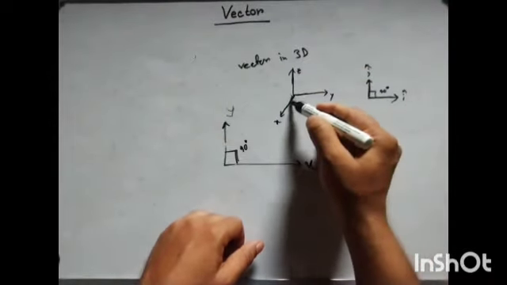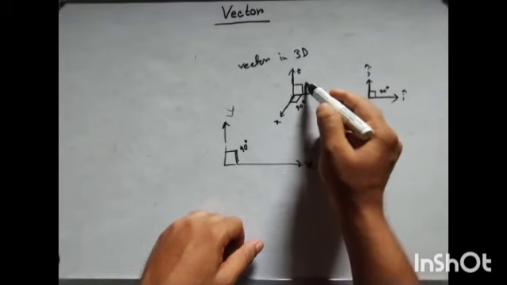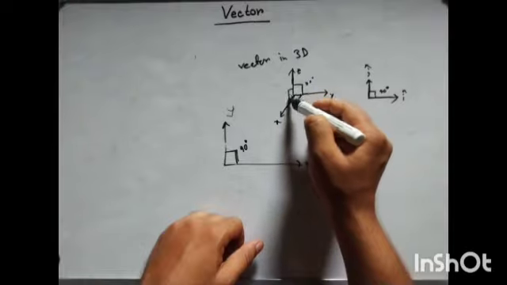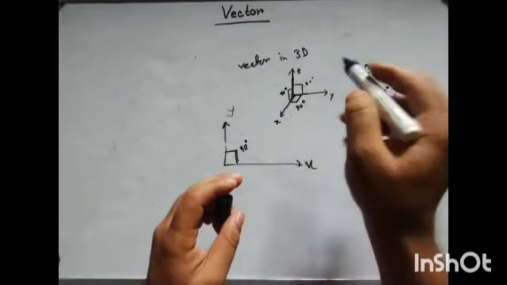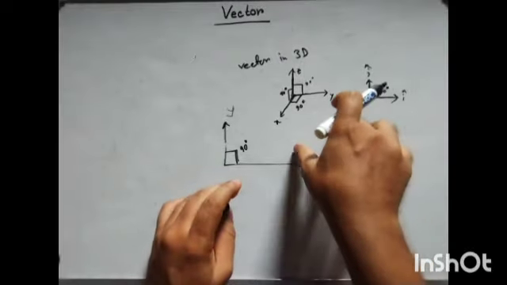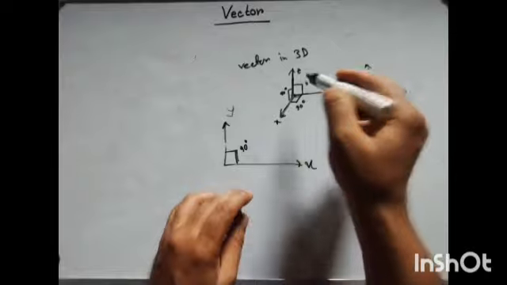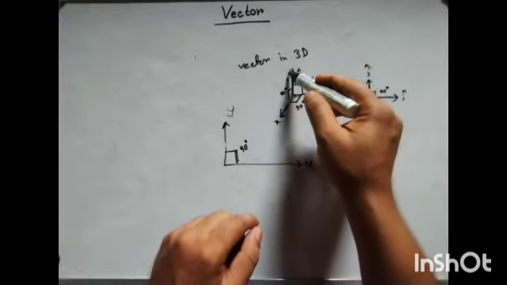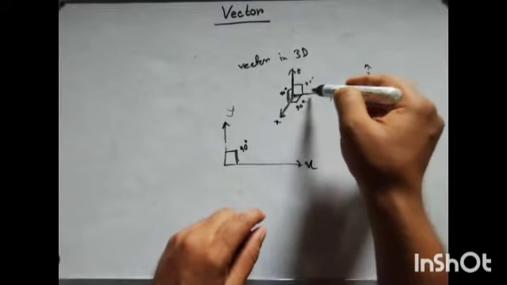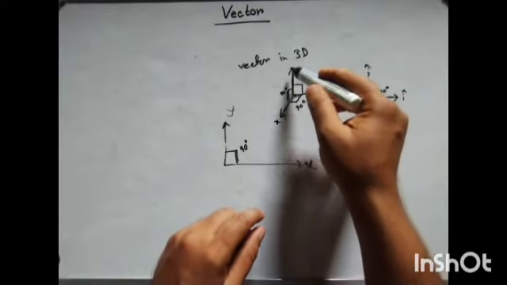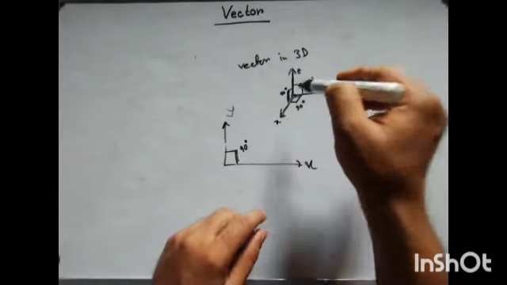So this is 90 degrees, this is also 90 degrees, and this is also 90 degrees. In 2D an actual drawing of 3D is not possible, it's imaginary. So you have to imagine that the angles between these axes, x, y and z, are all 90 degrees with each other.